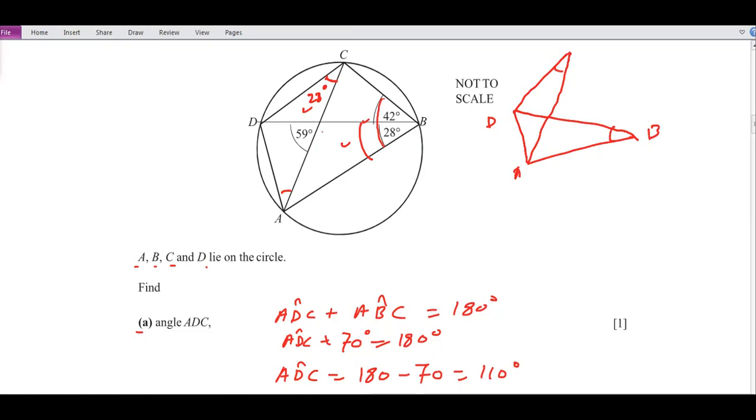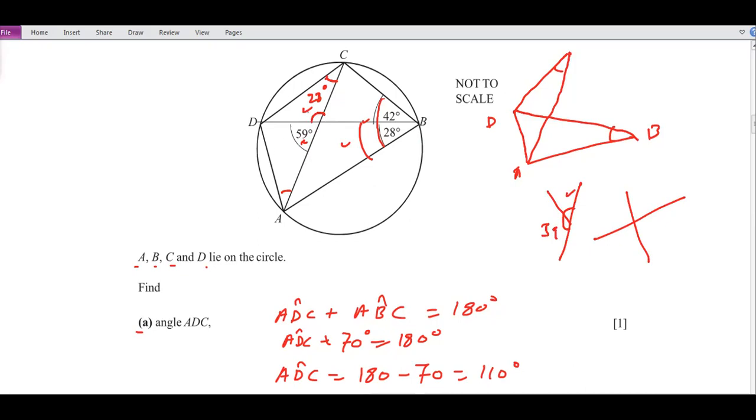Now, if this is 28, one more thing. Look, this angle is 59. With the line, the total angle should be 180 degrees. Out of that, this one is 59. Then what will this remaining be, if we try to find this one?